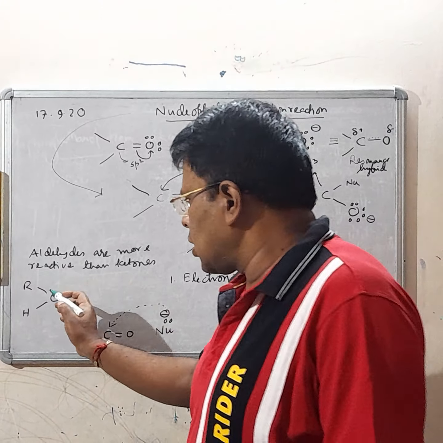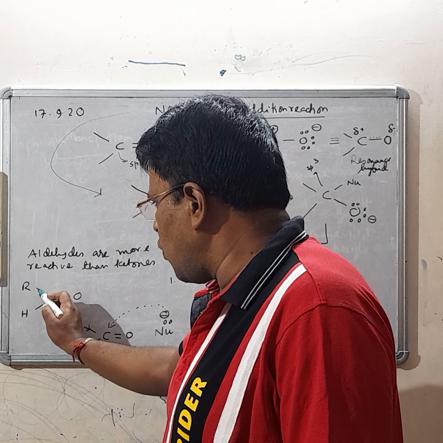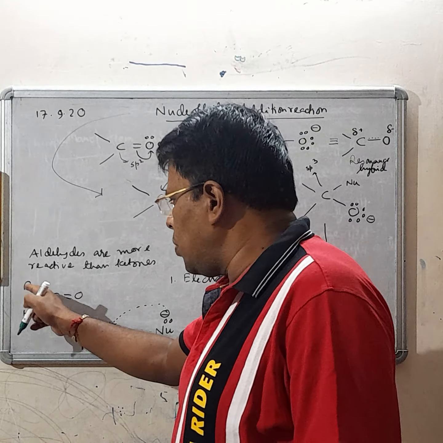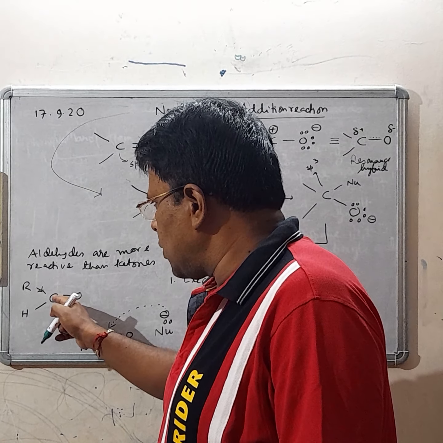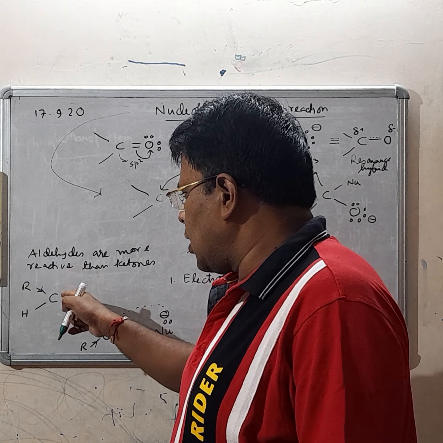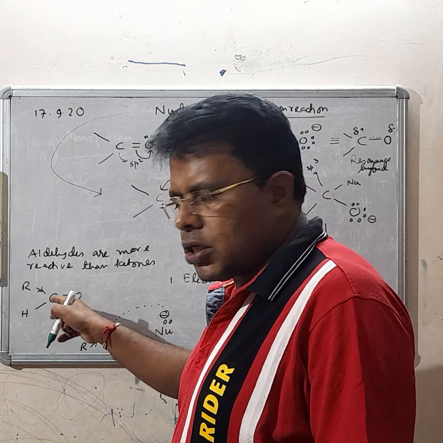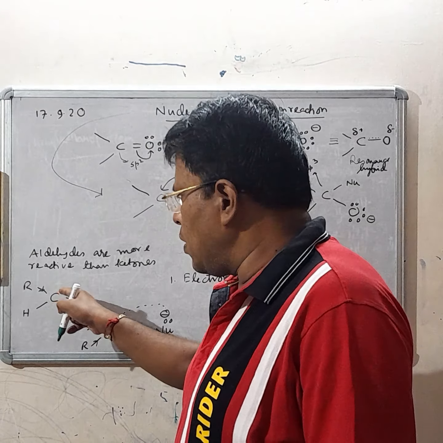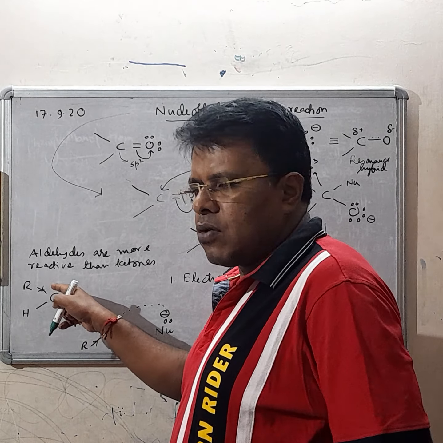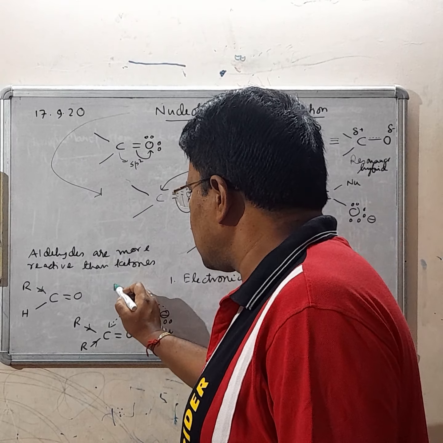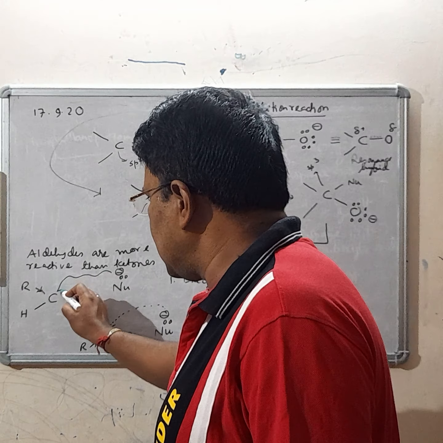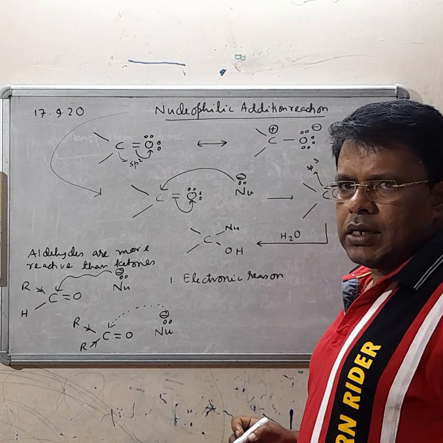On the other hand, in case of aldehyde, there is only one alkyl group. So here also there will be a slight decrease in the positive charge because of the plus I effect. But ultimately, the positive charge at this carbon will be more than at the other carbon, and as a result, the nucleophile will more easily attack in case of aldehyde.